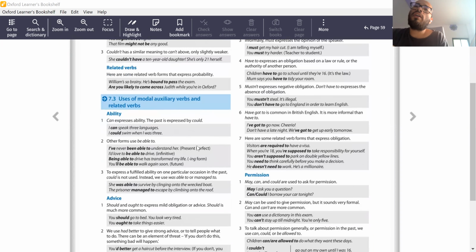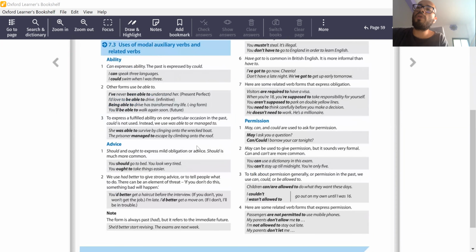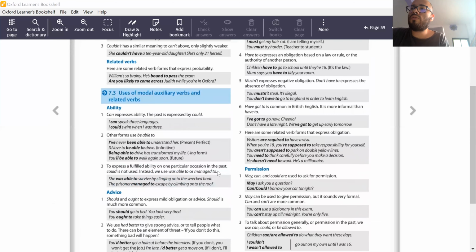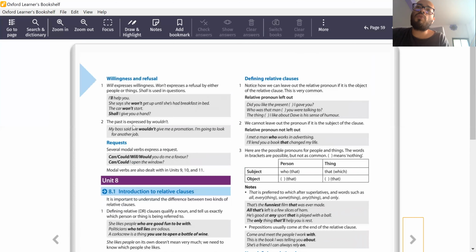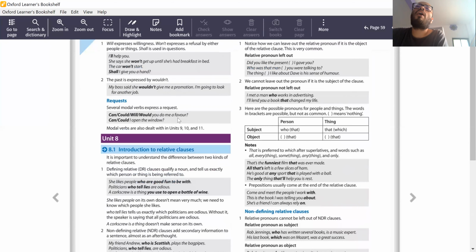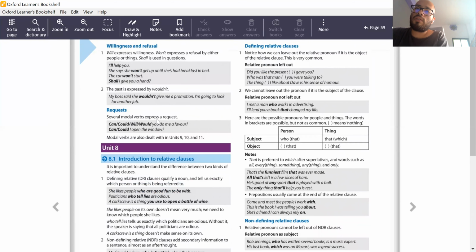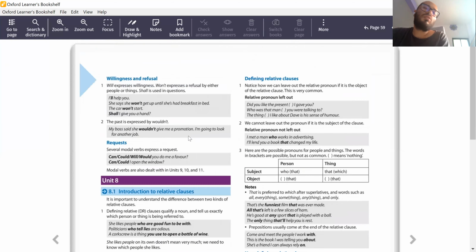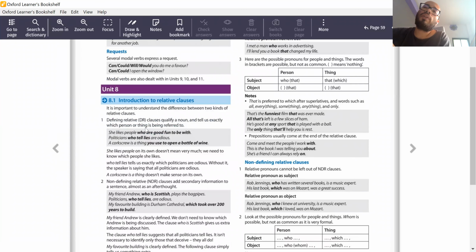As I said: ability, advice, permission, obligation, future possibilities, willingness, refusal, like I refuse, I'll help, I won't, shall I give you a hand, and requests, can you, will you, would you, could I open the window. So those are the explanations. Have a look at them, read them carefully when you have time, in case you have any questions.